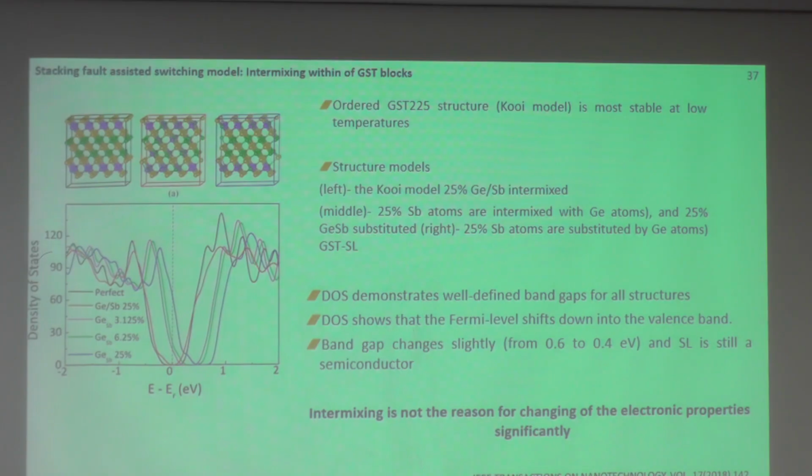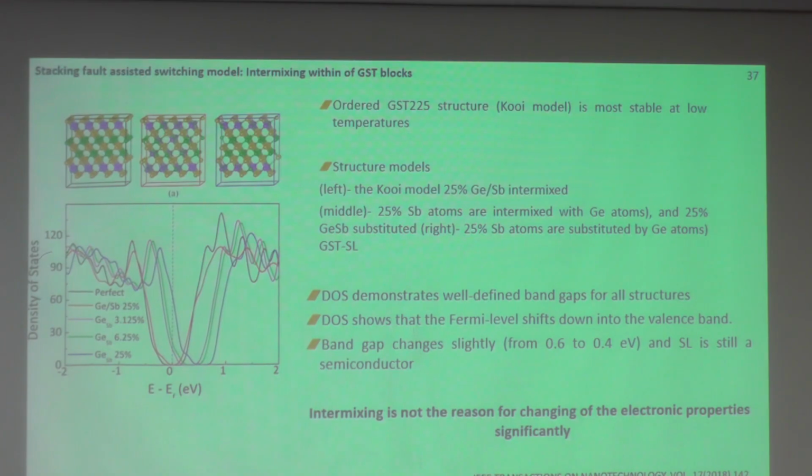And what we found first is that the whole structure possesses a well-defined band gap, but the density of states shows that the Fermi level shifts down to the valence band, and the band gap is kept, in the range of 0.6, 0.4, and the superlattice is still a semiconductor.